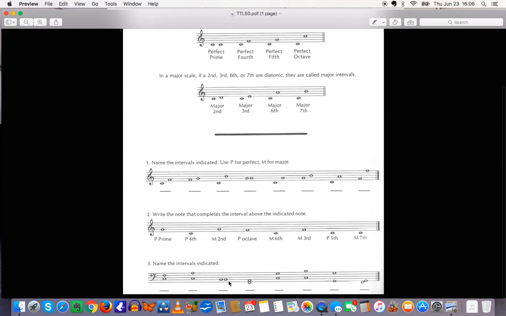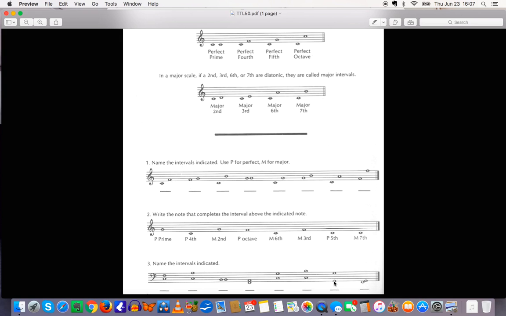Now you have a couple intervals here in the bass clef, and you need to write the name of the notes. Remember, if it's a unison or prime, fourth, fifth, or octave, it's perfect. So right away, this is going to be a perfect interval. See if we have any big stretches. So we got C to B, it's not perfect. Here's one. We have G to G, that's an octave, right?